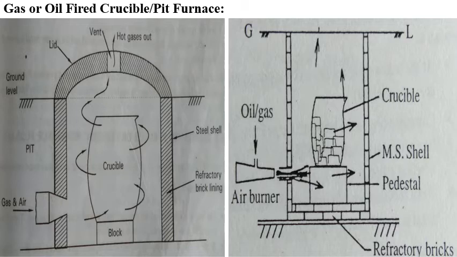The difference between the gas and oil fired furnace and the coke furnace is that gas and oil will be supplied through the air burner. The air burner is on the left side, and there is no surrounding coke. Gas and oil will be supplied here, and air is also supplied. The two are mixed in the air burner and supplied inside, and on ignition heat will be liberated inside the shell. Then the solid state is converted to liquid state.